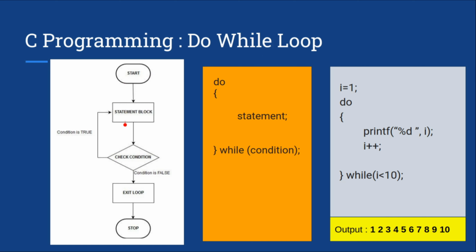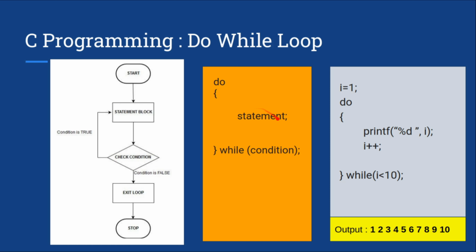Why? Because here we execute the statement block once, and then after executing the block we check the condition later on. So if we have a scenario where our condition is false and we want to execute a block one time, right, then we use do while. In the do, what will happen?